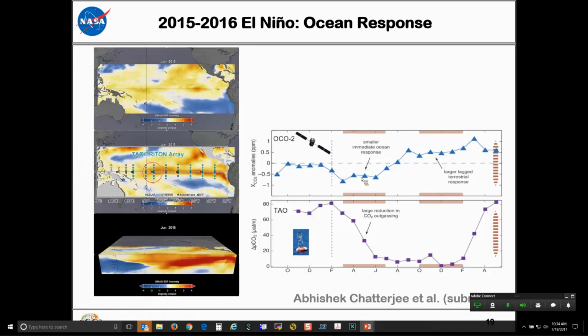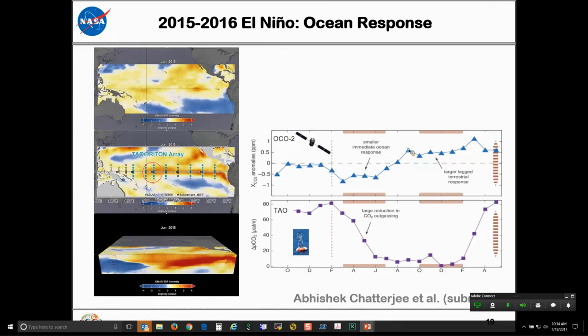OCO2 at the same time saw a very small reduction, about a half a ppm change in the column. This large change the buoy was seeing is restricted to the planetary boundary layer, and it shows up as a small variation in XCO2 as seen by OCO2. The baseline here was of course determined from GOSAT measurements, so those are critical.